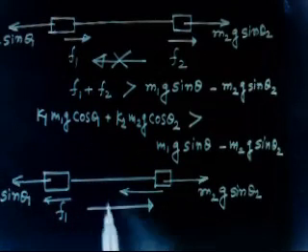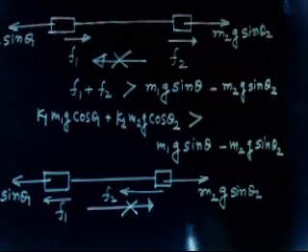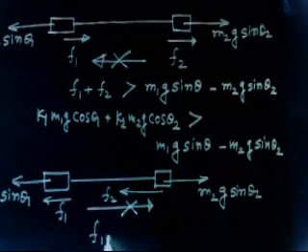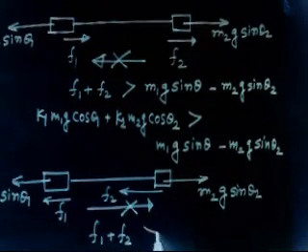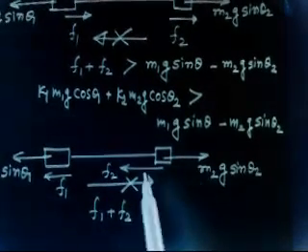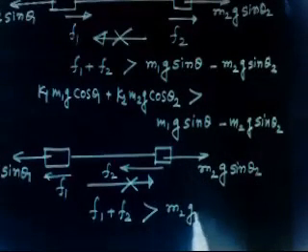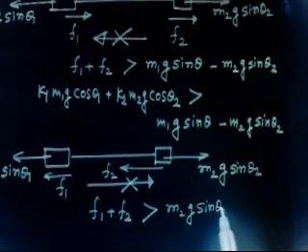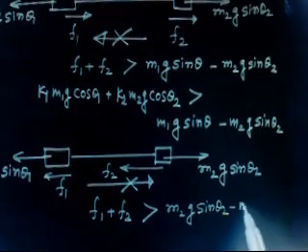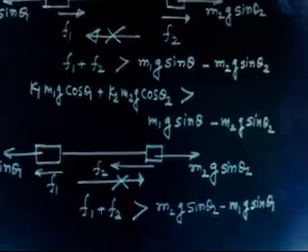This is F1, this is F2. I do not want my system to move in this direction, so the friction force F1 plus F2 should be just greater than the forces in this direction, that is m2g sin theta 2 minus m1g sin theta 1. Are you getting or not?